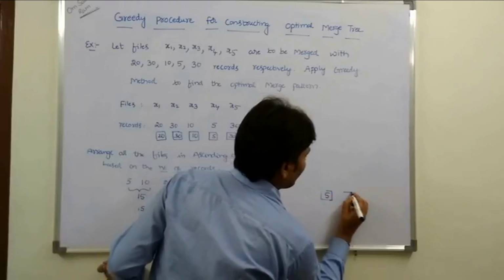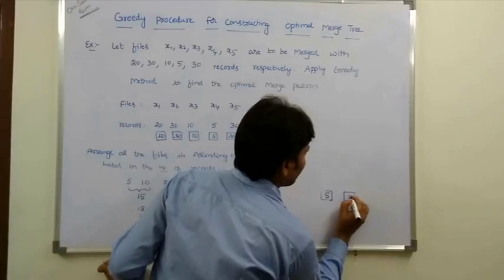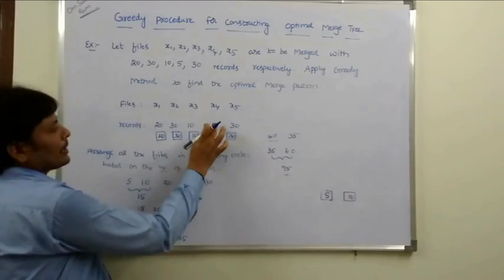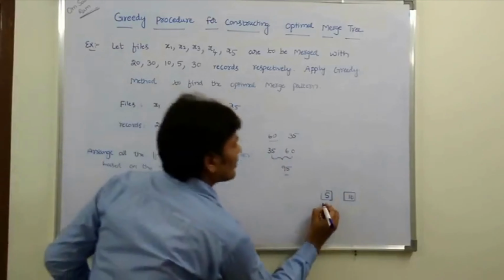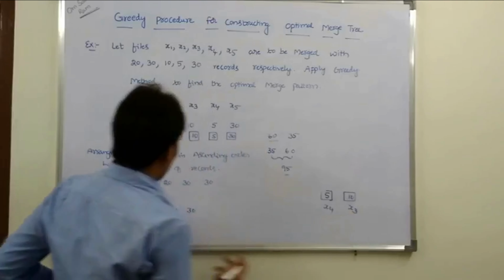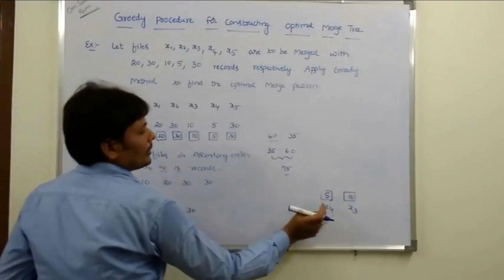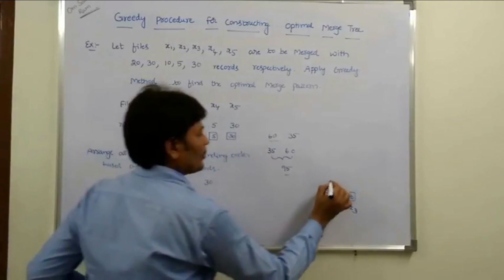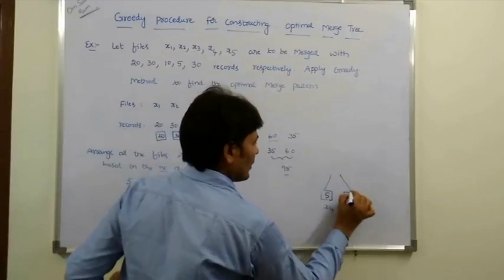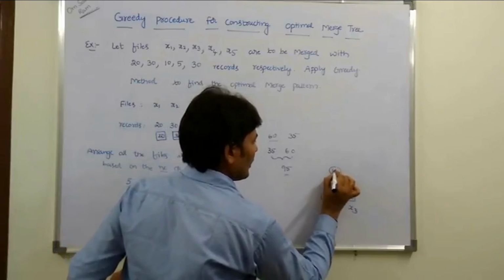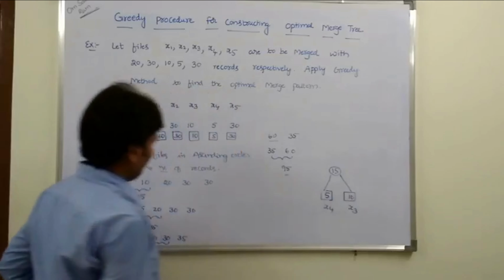First 5 and 10. So 5 represents x4 and 10 represents x3. First we are merging x4 and x3, so we are getting 15.